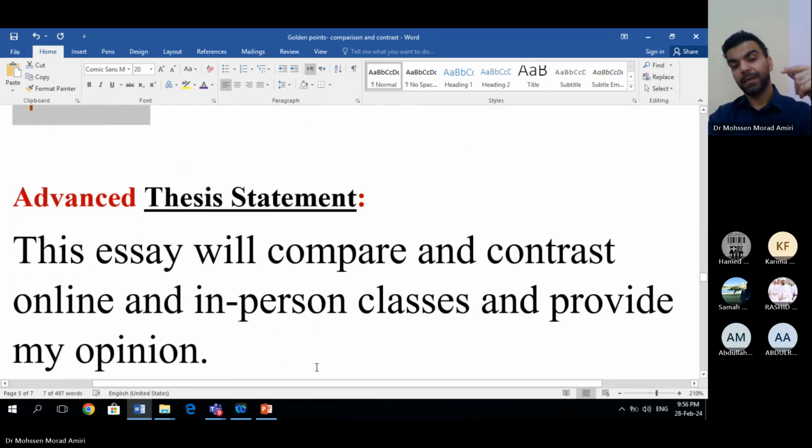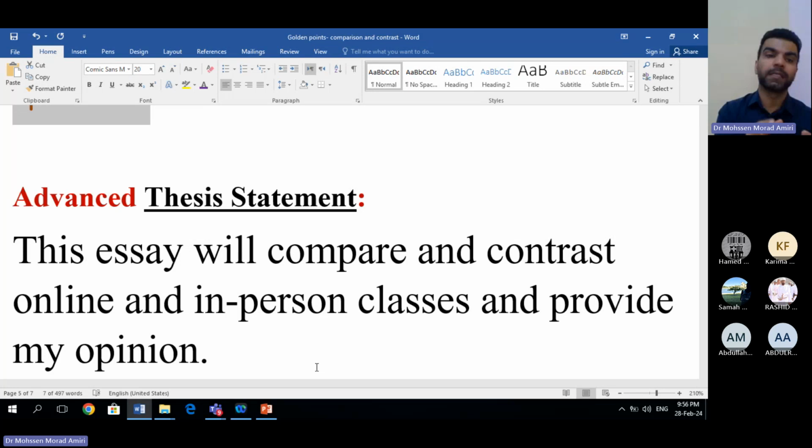But if you want a higher mark in IELTS style, this is the IELTS style that I wrote. You want higher marks to impress the teacher? This is the way. We don't say I. In IELTS, we don't write I. It is not recommended.